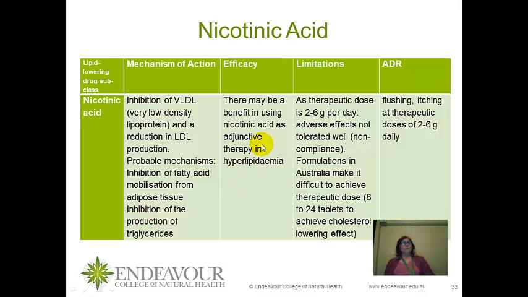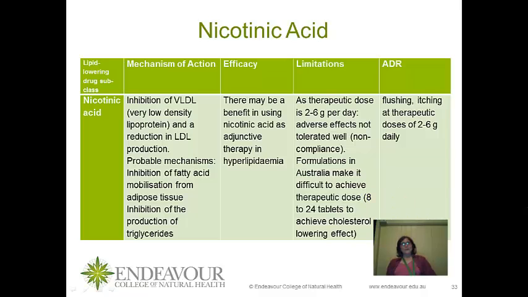So it could be useful as an adjunctive therapy for people who have hyperlipidemia, but because such high doses are needed, compliance is once again an issue. Also in Australia, formulations that are available mean that a person would be needing to take large numbers of tablets, 8 to 24 tablets, to achieve any kind of cholesterol lowering effect, and this is seen to raise so many compliance issues.